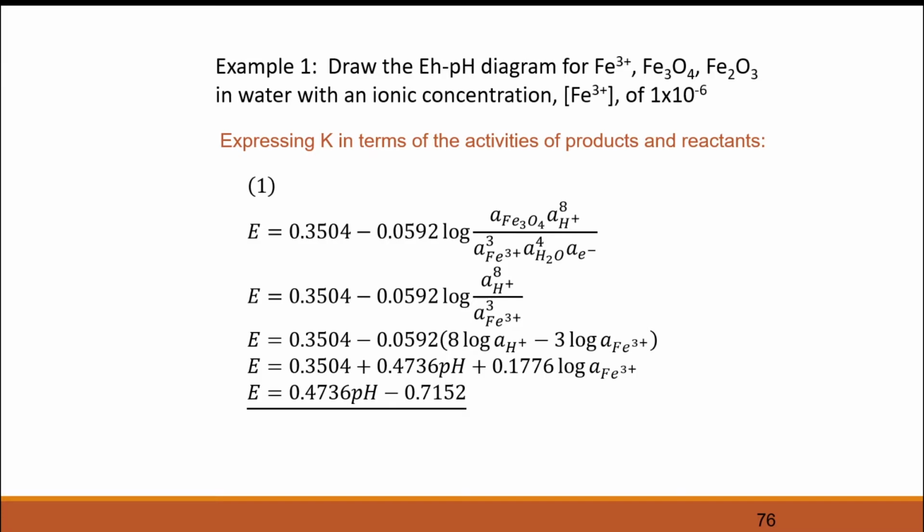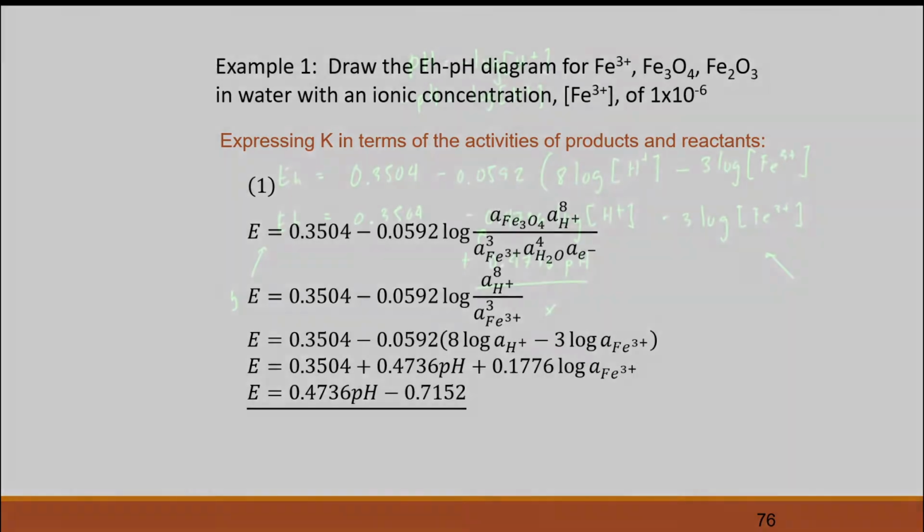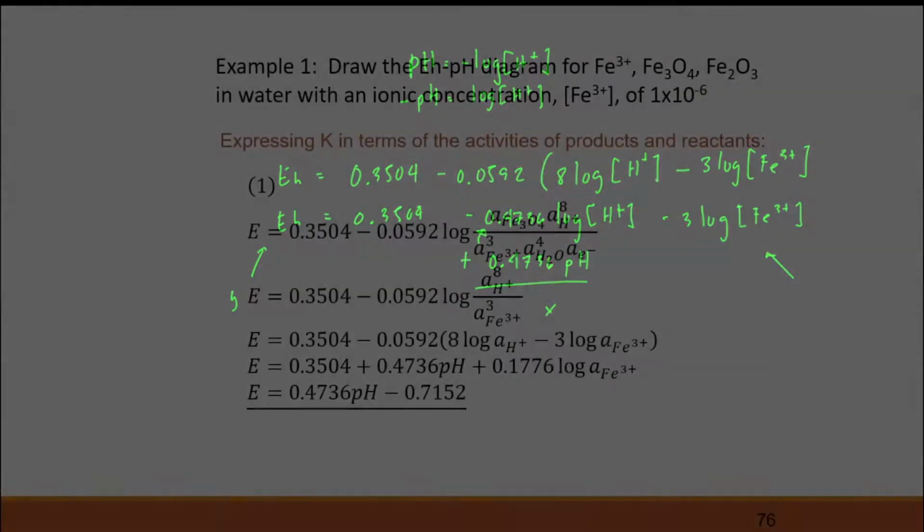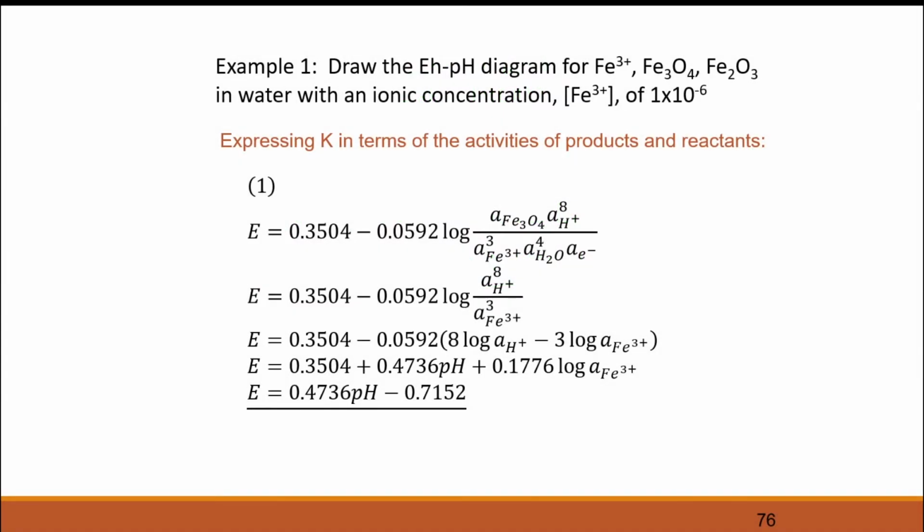So we have plus 0.4736, and the term is negative because we multiply by a negative; negative times negative is positive. So that's positive 0.1776, which is negative 0.0592 times negative 3, times the logarithm of the Fe3 plus concentration.